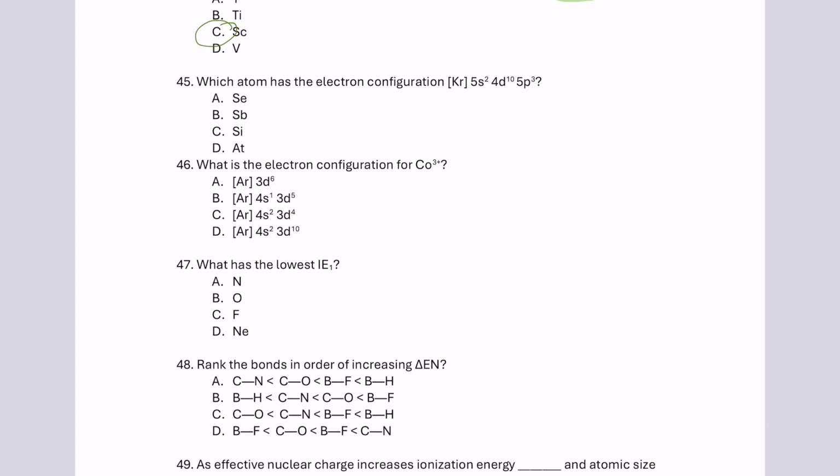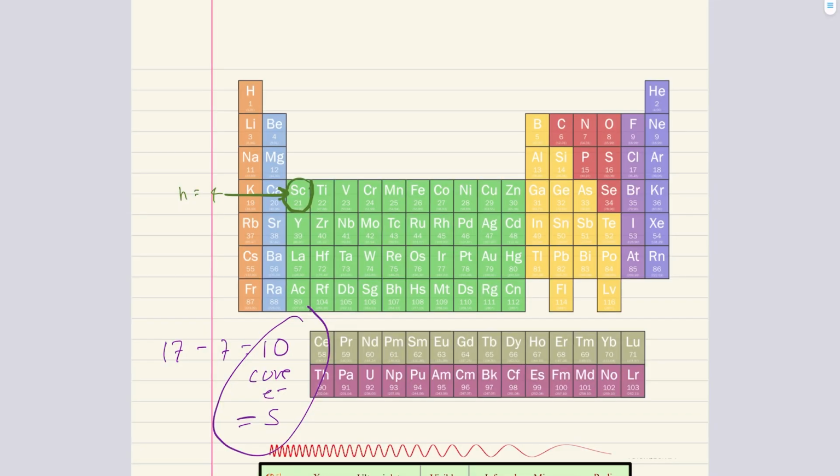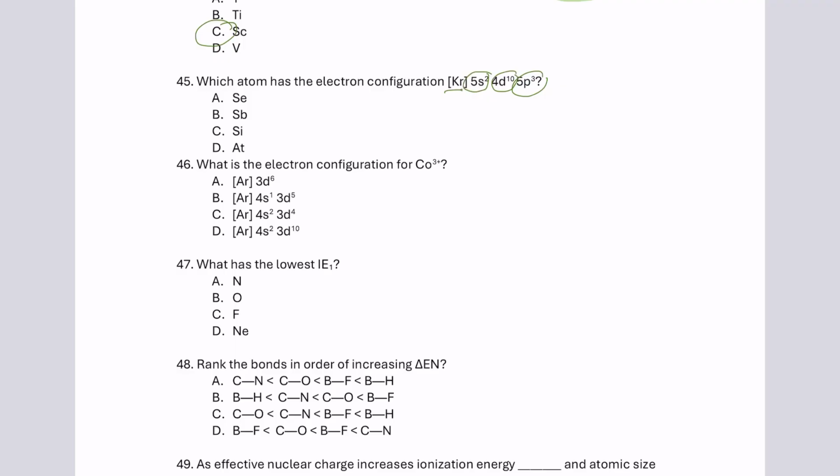Problem 45 says, which atom has the electron configuration krypton, 5s2, 4d10, 5p3? Once again, here's krypton, and then here's our n equals 5 period. We fill our 5s2. Look at that, 5s2 is filled.